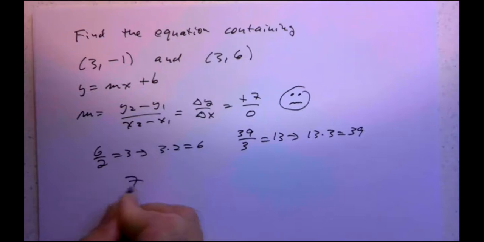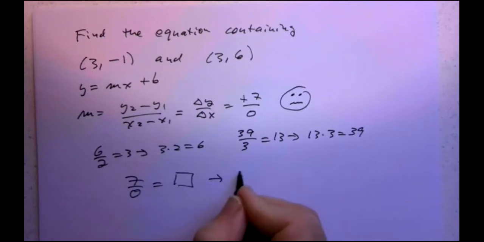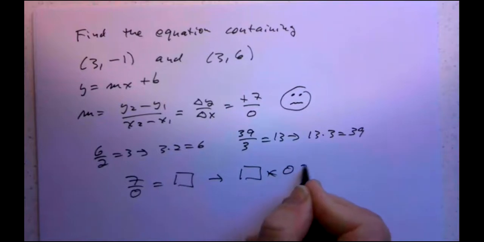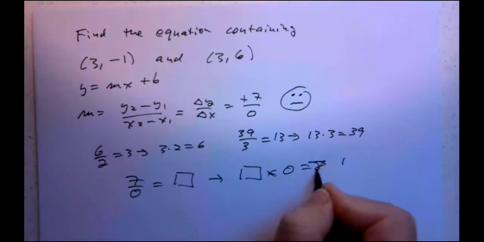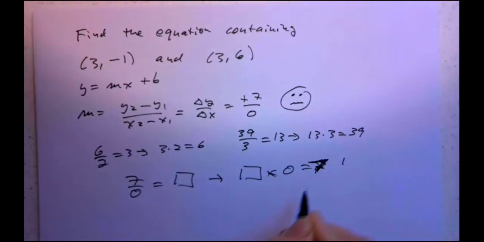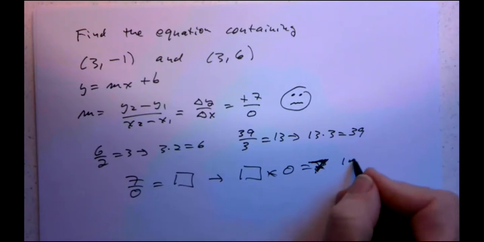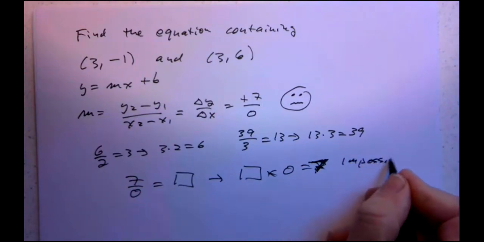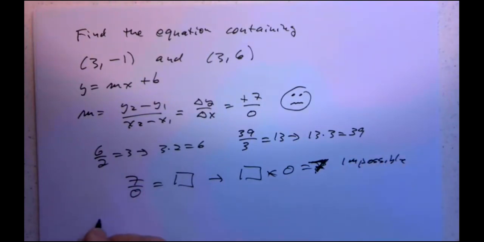If I want 7 divided by 0 to equal something, that would mean something times 0 equals 7, and that is impossible. Something times 0 equals 7. That's impossible. So there is no solution. So there is no slope.